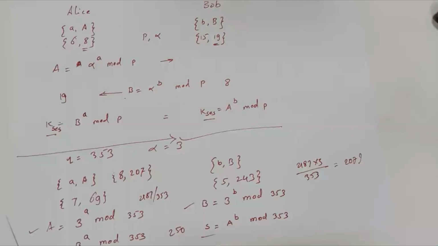What is the small b, sir? Even I'm getting 8 and 207. Srija, what is the small b that you have chosen? 6. And I'm getting 323. With small b, I took 6, and capital B, I'm getting as 23.